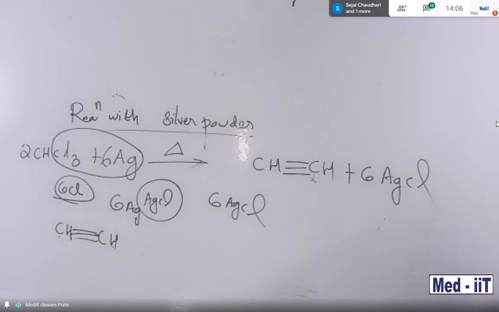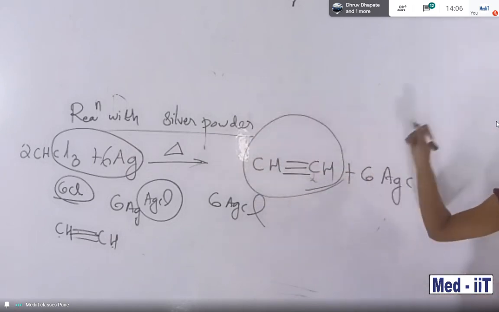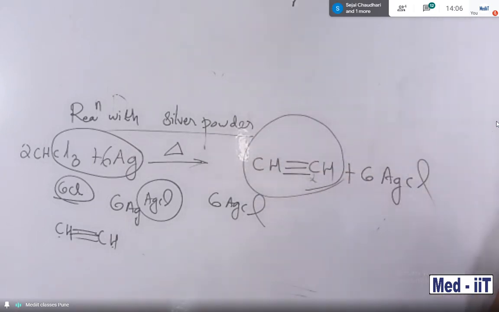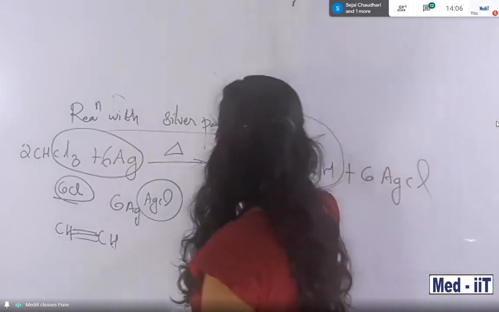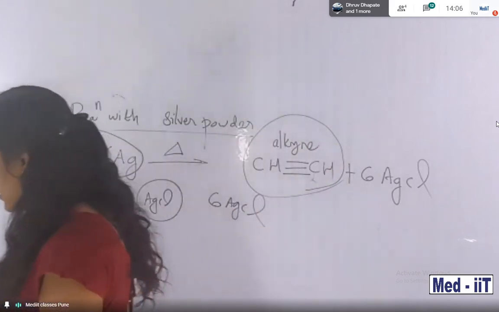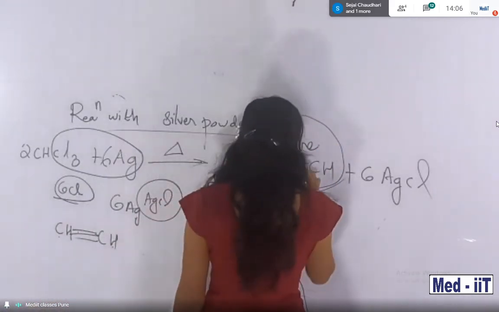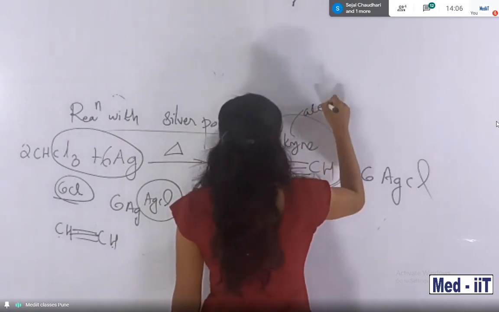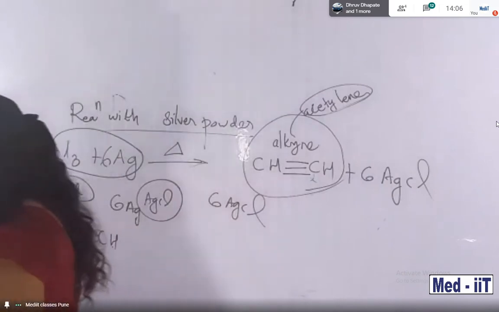Likewise they will be removed and the remaining compound forms a product with a triple bond: an alkyne, not an alkene. In acetylene, are you familiar with acetylene, an alkyne? This is a type of alkyne, what is it called? Acetylene.